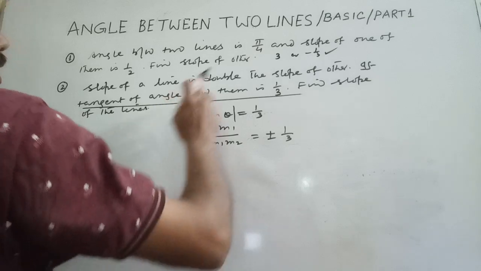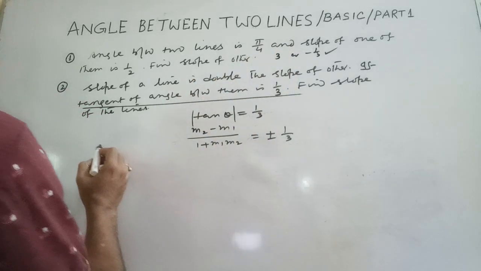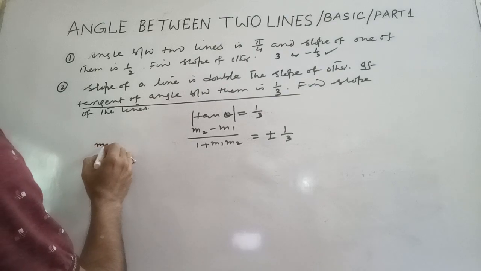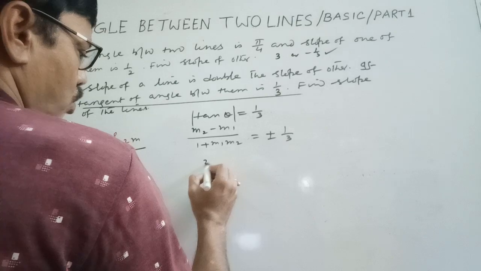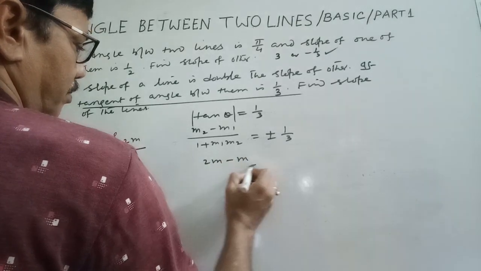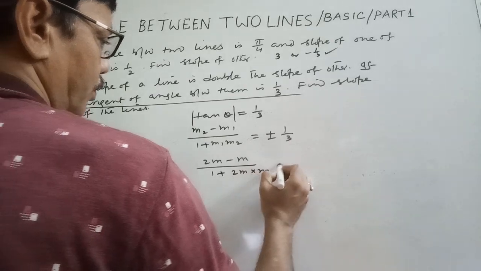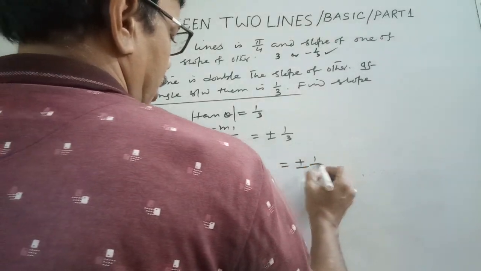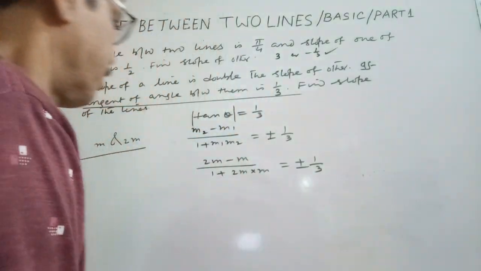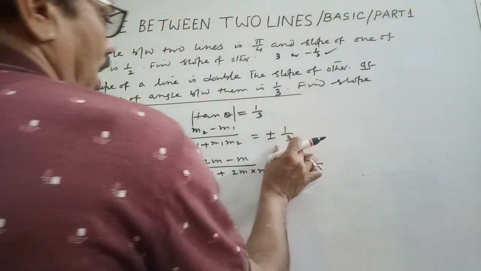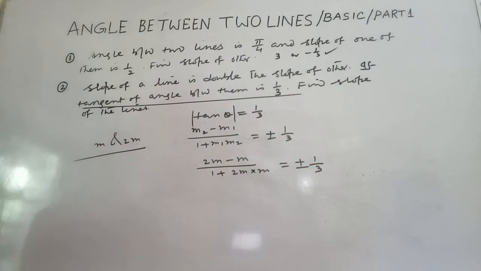So given the slope of a line is double the other, let the slopes be m and 2m. So (2m minus m) by (1 plus 2m into m) equals plus minus 1 by 3. We are taking plus minus to the right hand side because this contains only one term.